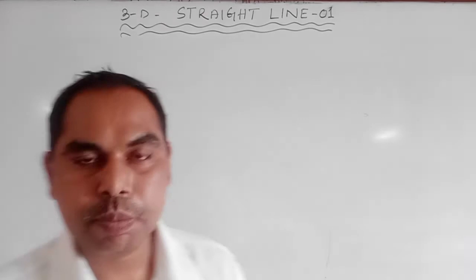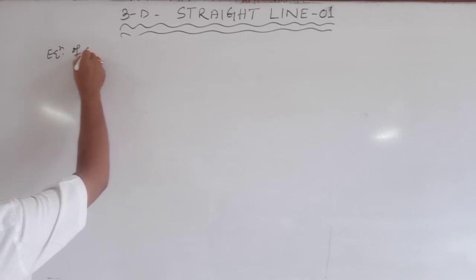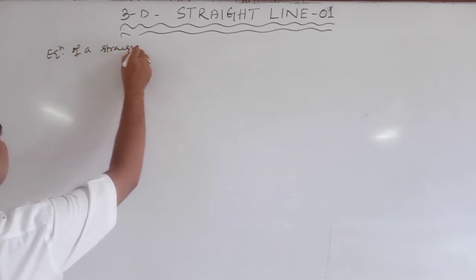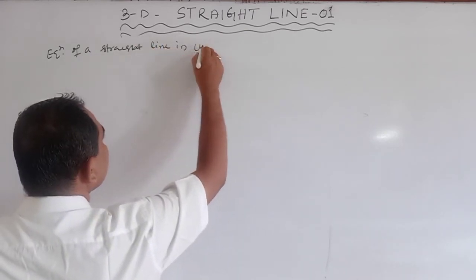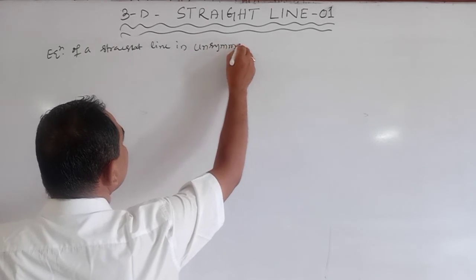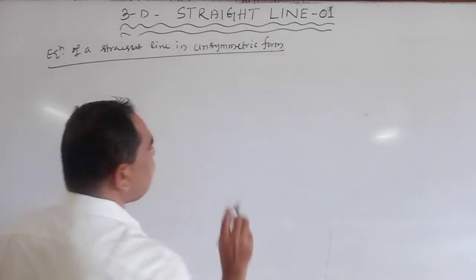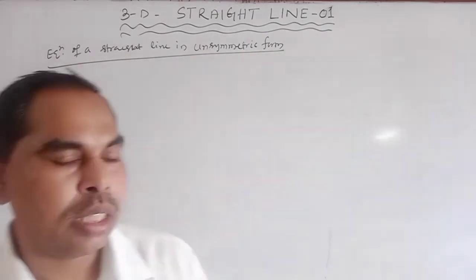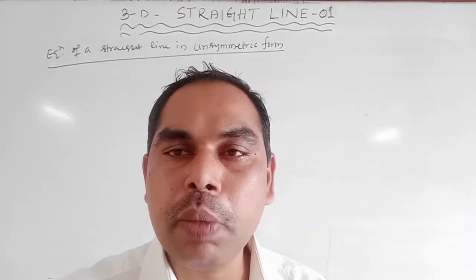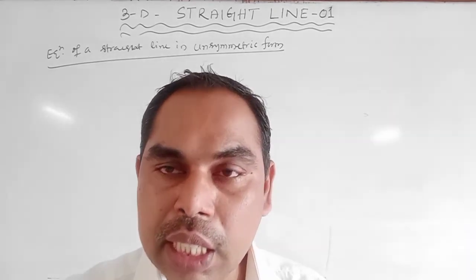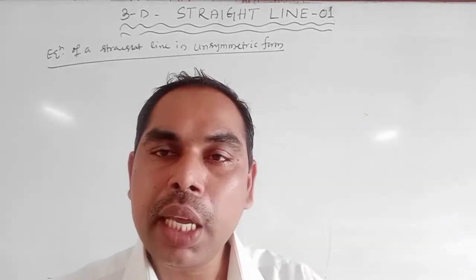Next one: equation of a straight line in unsymmetric form. Since the intersection between two planes represents a straight line, the equation of a straight line means a pair of equations of two planes.